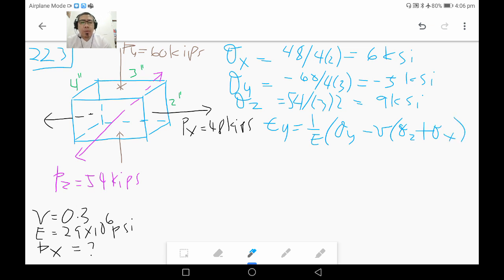So, makukuha na natin yung deformation in y. So, okay, let us continue. So, deformation in y or strain in y. So, this is strain, 1 over, this is 29, no?